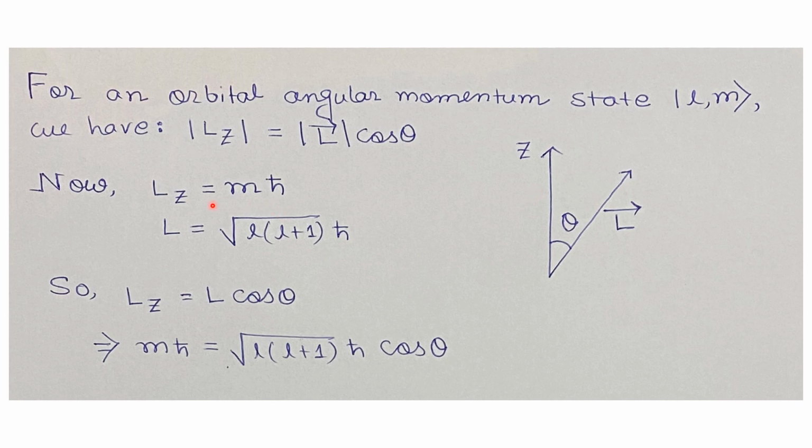Now the eigenvalue of the Lz for this |l, m⟩ state is mħ, and the eigenvalue of the orbital angular momentum vector L is √(l(l+1)) ħ. So we will use these eigenvalues in this equation. So we will get mħ = √(l(l+1)) ħ cos θ.